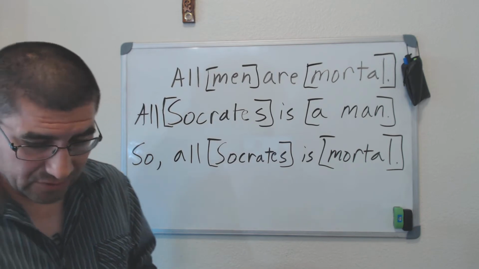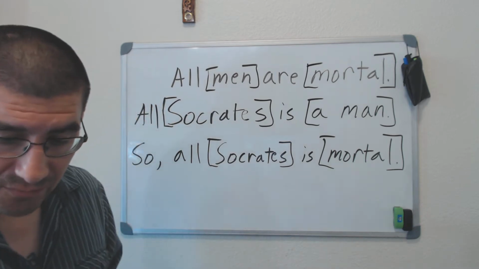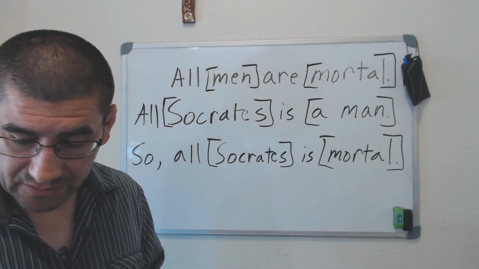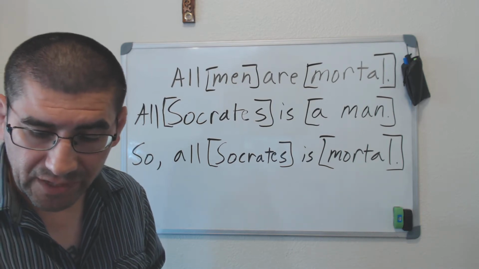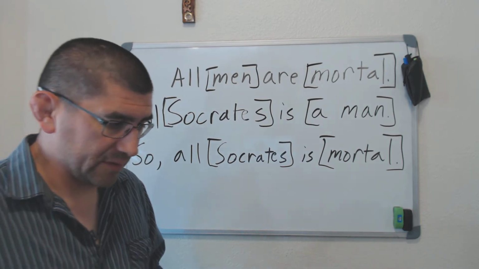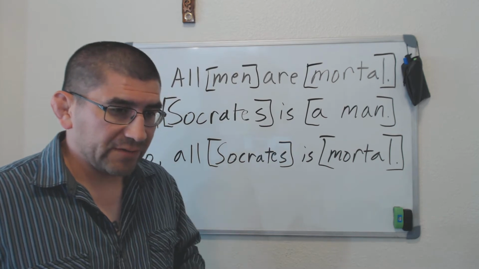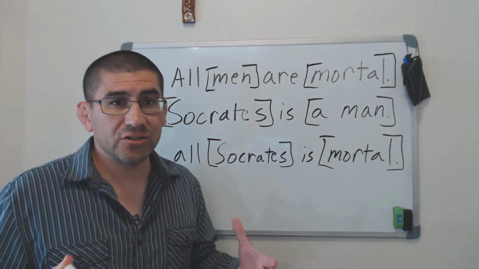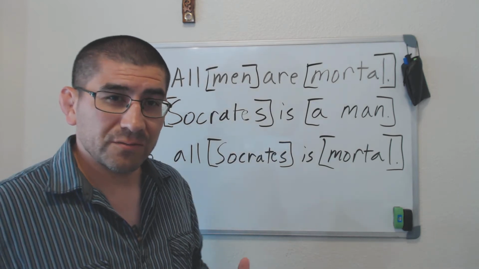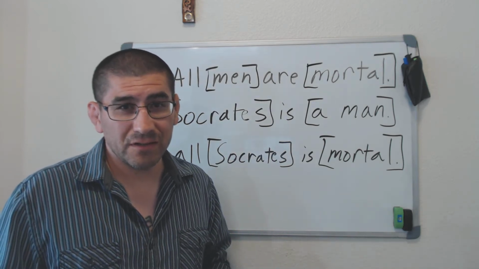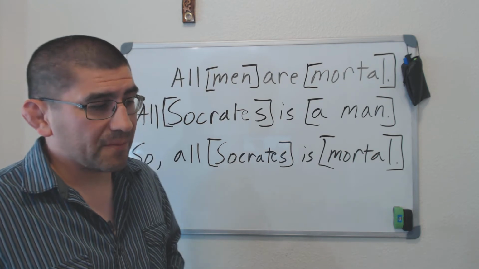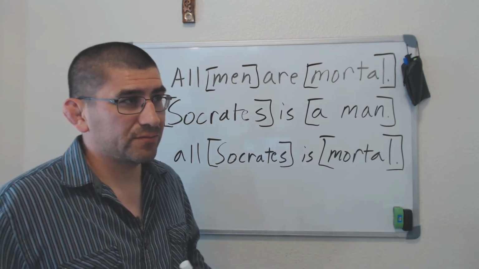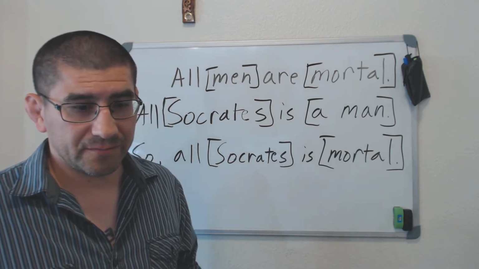Now I'm going to go over these rules of validity from Aristotle. What we have to keep in our mind, or have a chart of, is the distribution: what terms are distributed and what terms are undistributed. The first rule is very simple.